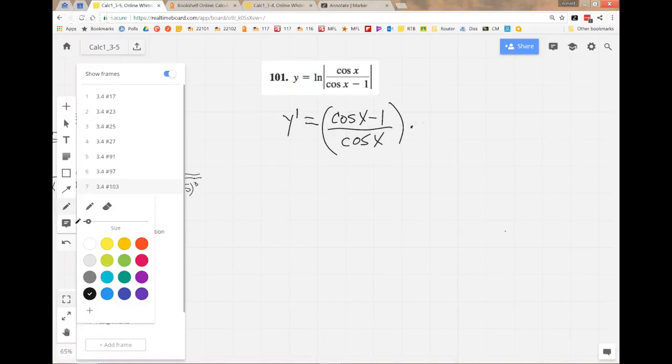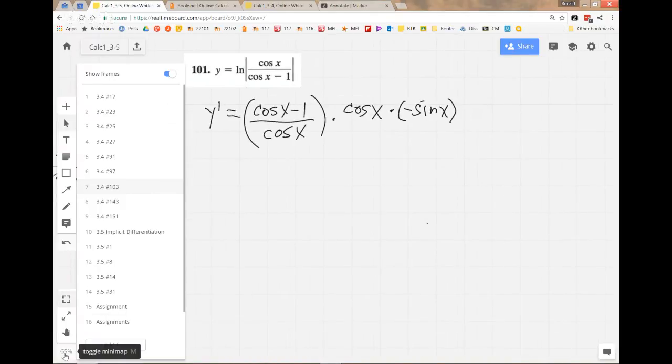Okay, the quotient rule says take the denominator times the derivative of the numerator. Let's see, I'm running out of space here.